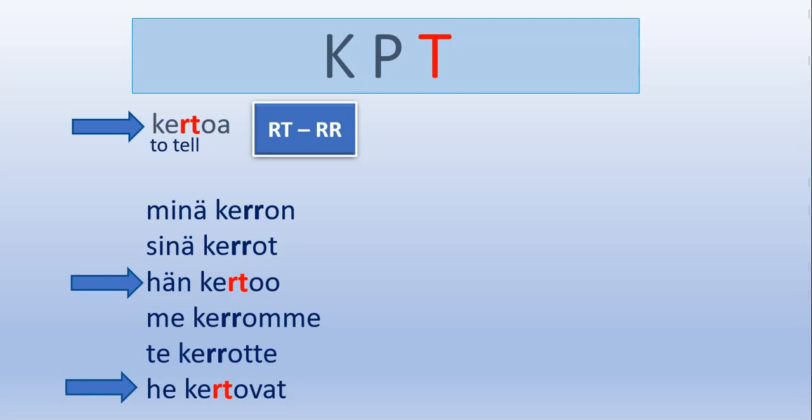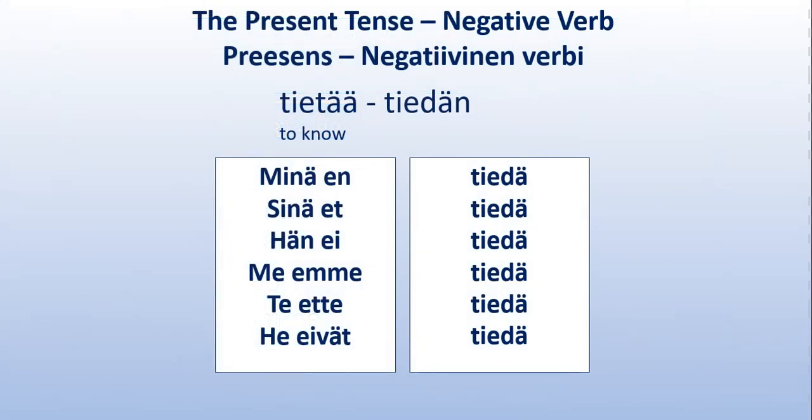You will also need gradation when you are using the negative form of these verbs. Let me show you an example of that. The verb to know is tietää in Finnish, and it has the consonant T, which changes into D in the weak form. As you can remember from the previous lessons, to form the negative verb, you need to first take the first person singular and then remove the last letter from it.